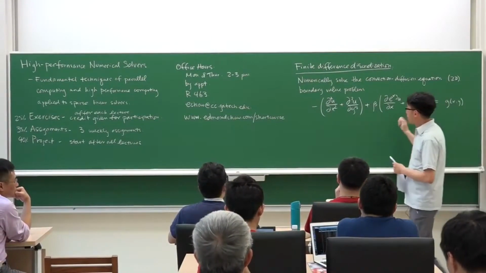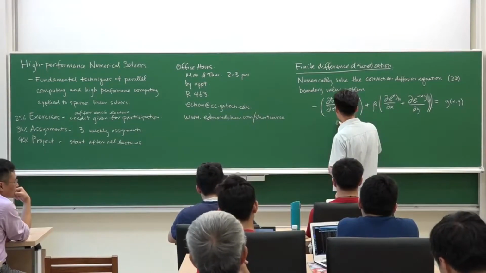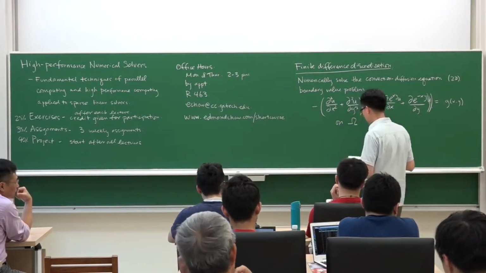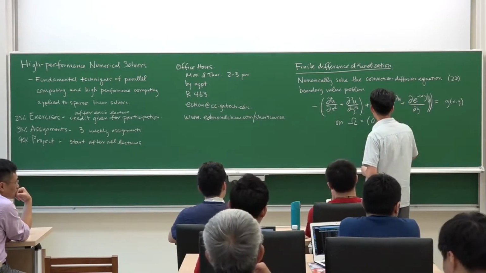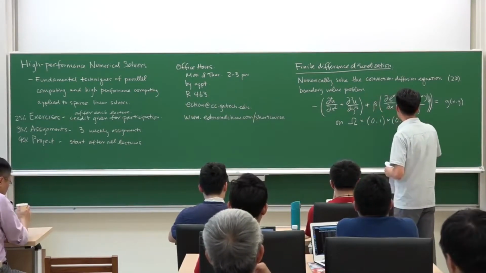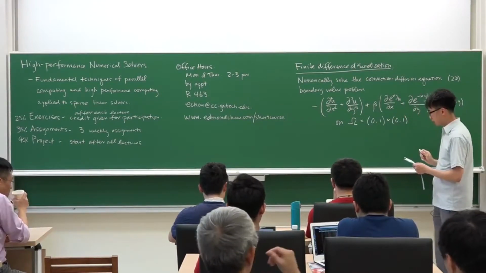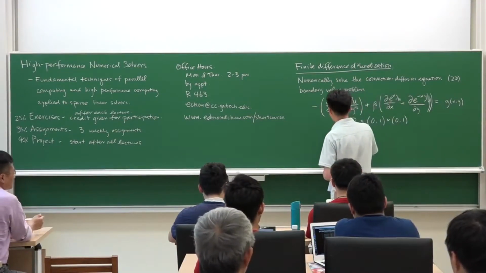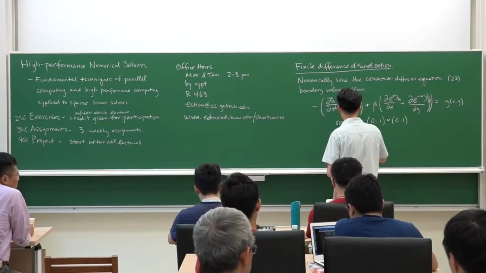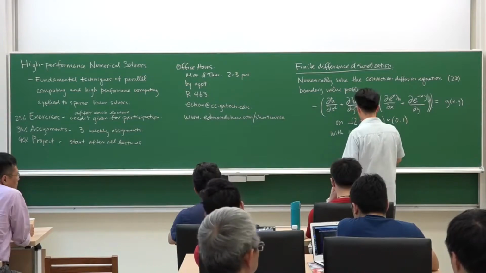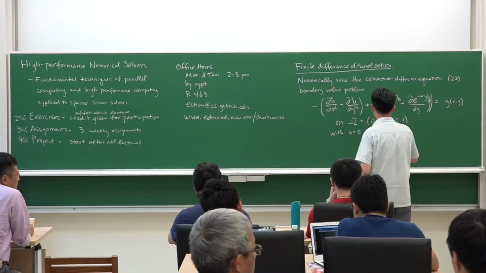So it's a boundary value problem, so we're going to have to define the boundary. So on a region which is just the square from 0 to 1 and 0 to 1 on the x and y axes. And the boundary values, I'm going to say, for this case, very simple. u is equal to 0 on the boundary of the square.